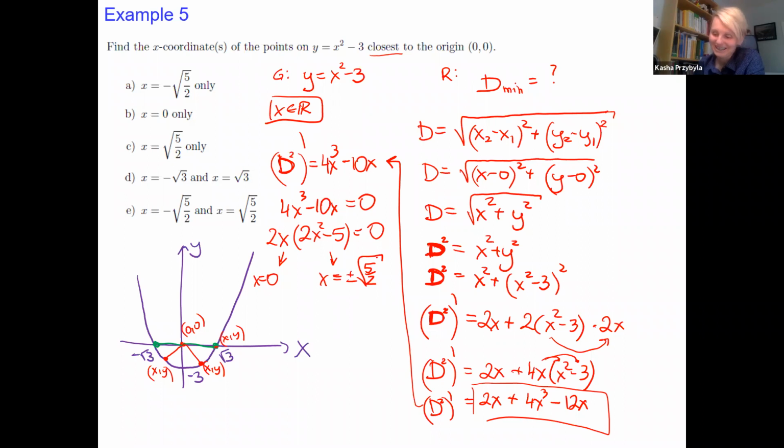Okay, and now the only thing that I would like to do is the test. We have critical number 0, and critical numbers negative and positive square root of 5/2.